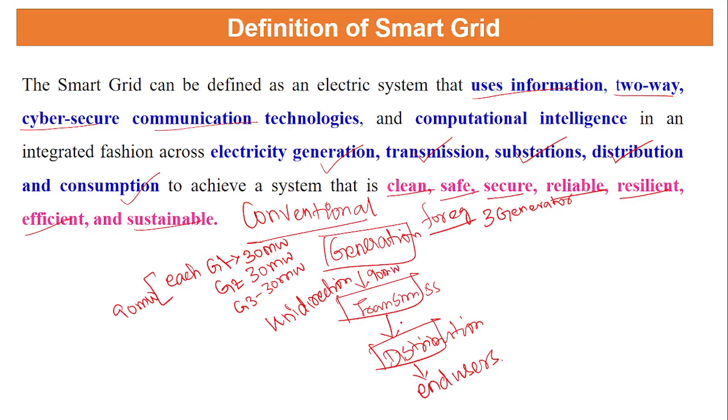Through the transmission we reach the distribution station, and from the distribution station the 90 megawatt is split among the different users. It may be factories, our homes, domestic users and commercial buildings, whatever it is, we distribute this energy to the end user level.